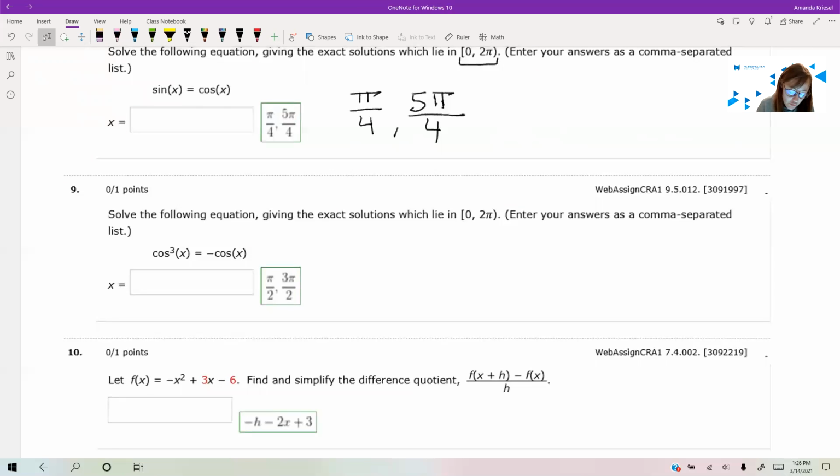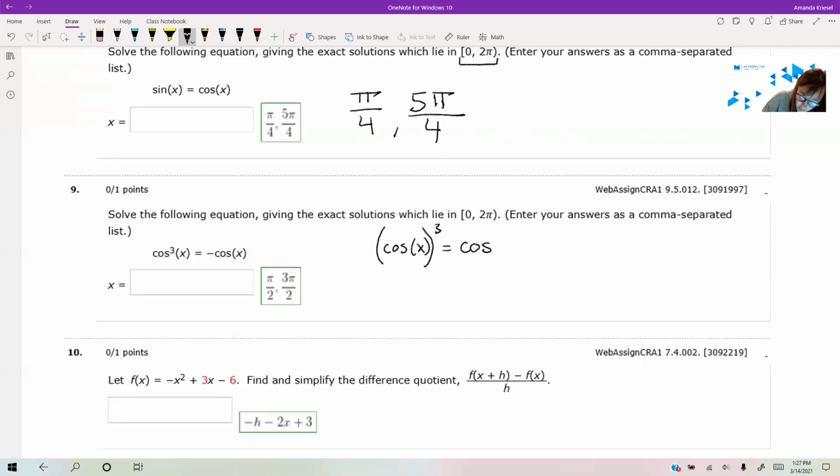So for solving this one, there's a couple different ways that we could look at this. We want cosine cubed of x to equal negative cosine of x. So we could look at cosine to the third of x, or cosine of x cubed.